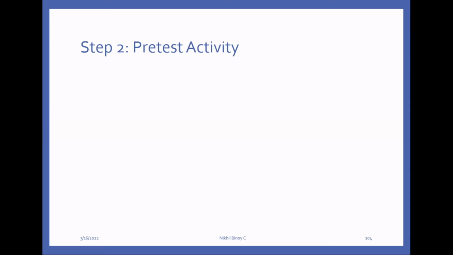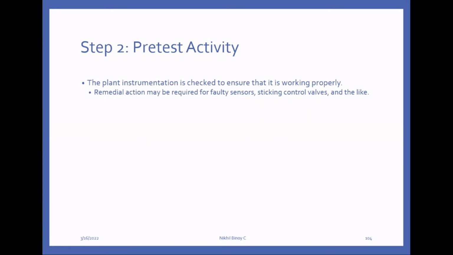Now step 2 is pretest activity. Here the plant instrumentation is checked to ensure that it is working properly. That is very important. What are the things that we have to check? We have to check whether faulty sensors are there or not, sticking control valves, and so on.